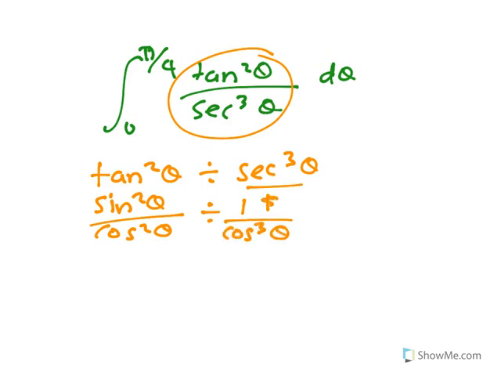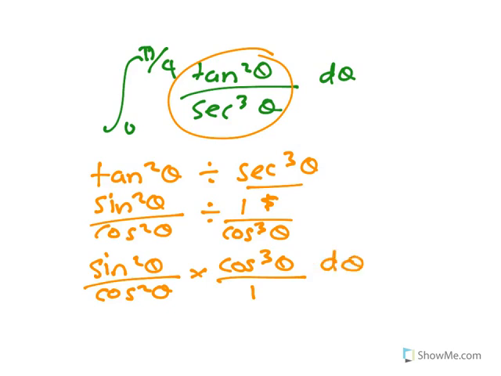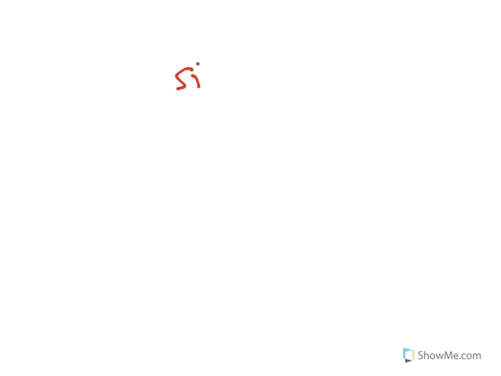And then if I flip that, because it's dividing by the fraction, sine squared on cos squared theta times cos cubed theta on 1 d theta. And it's the integral from 0 to pi on 4. So the cos squared will cancel with the cos cubed. So now we've got sine squared theta cos theta d theta, and we're going from 0 to pi on 4.